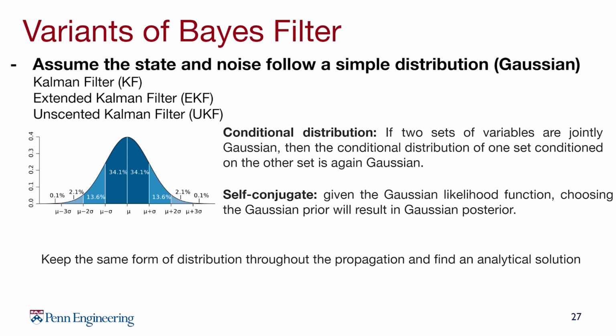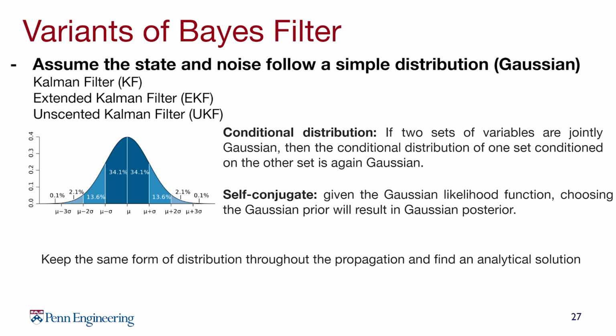These two properties give us a very good estimation, because every time we multiply two Gaussian distributions, or we use the Bayes rule to estimate the posterior of another Gaussian distribution, we will still keep the same form of distribution throughout the propagation, and we will find an analytical solution.